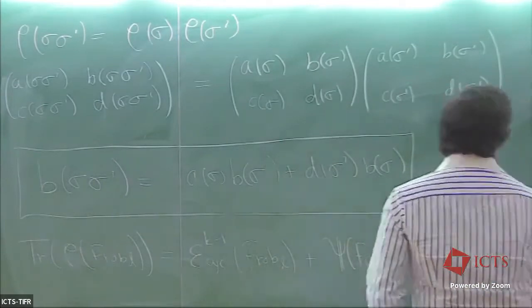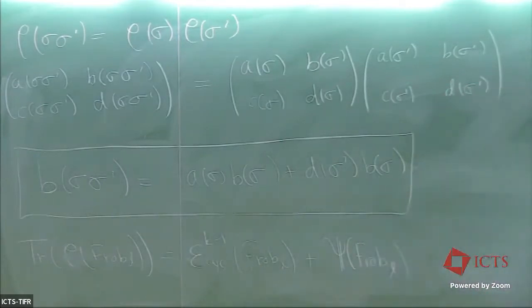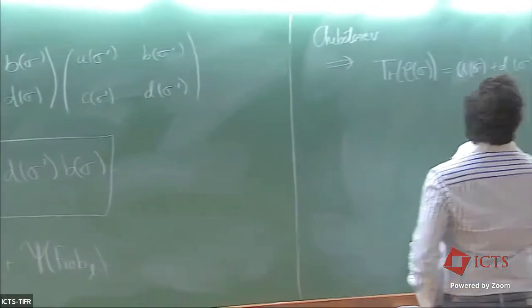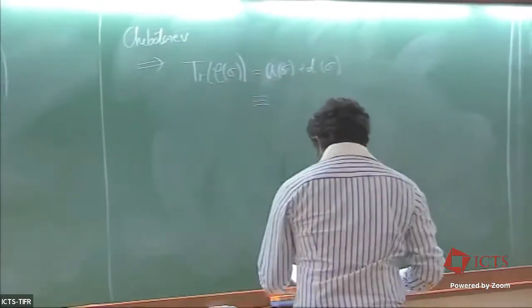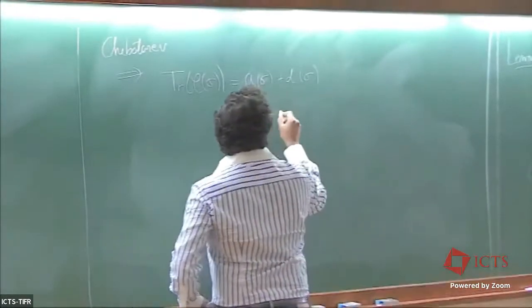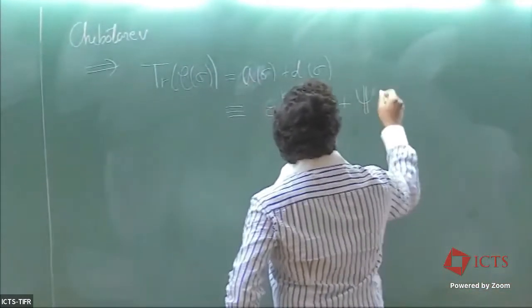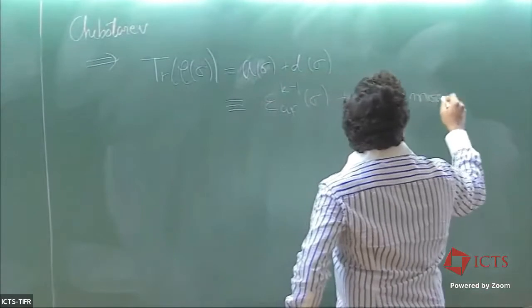Chebotarev tells you that trace of rho of sigma, which is of course A sigma plus D sigma, is congruent to this plus psi of sigma modulo I.